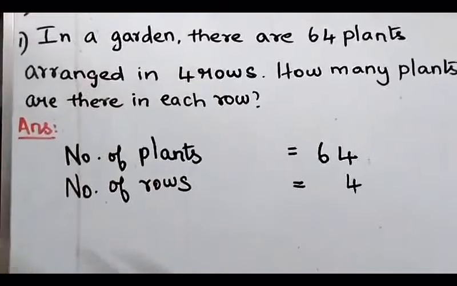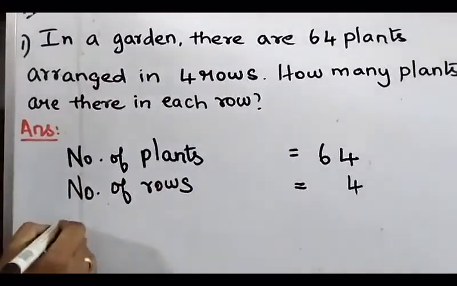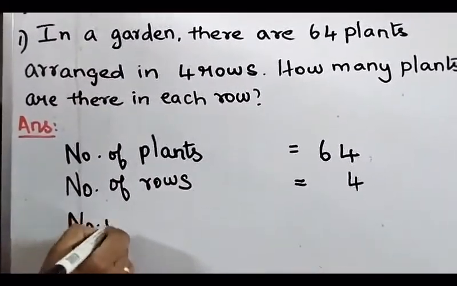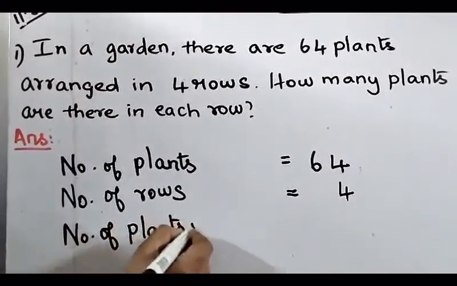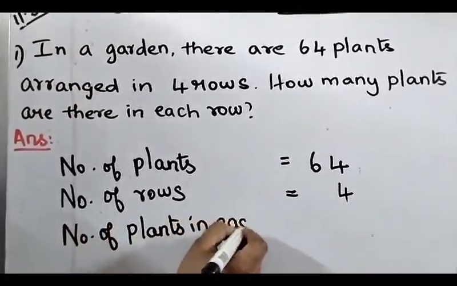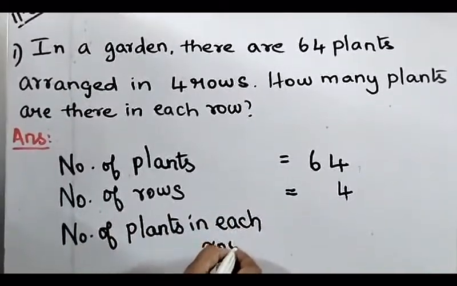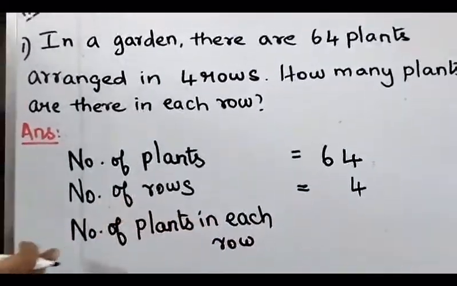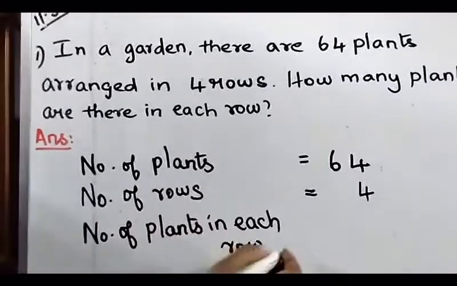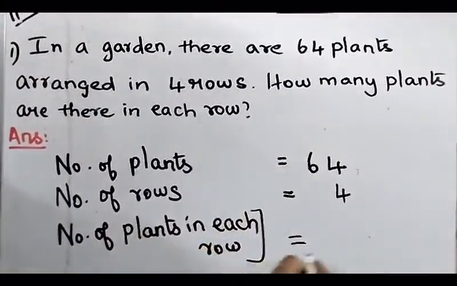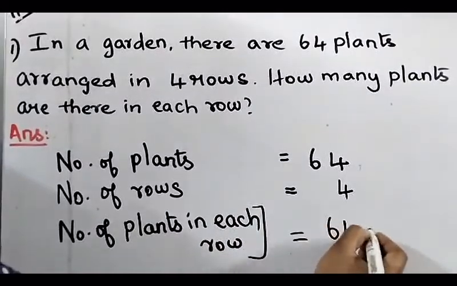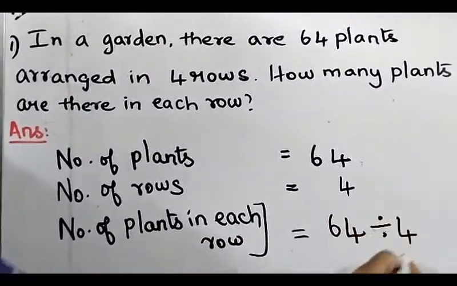So how many plants are there in each row? So number of plants in each row. Ma, if you want to write arranged, நீங்க எழுதிக்கலாம், but I am writing number of plants in each row. Okay, this is enough for the statement. So number of plants in each row is 64 divided by 4.